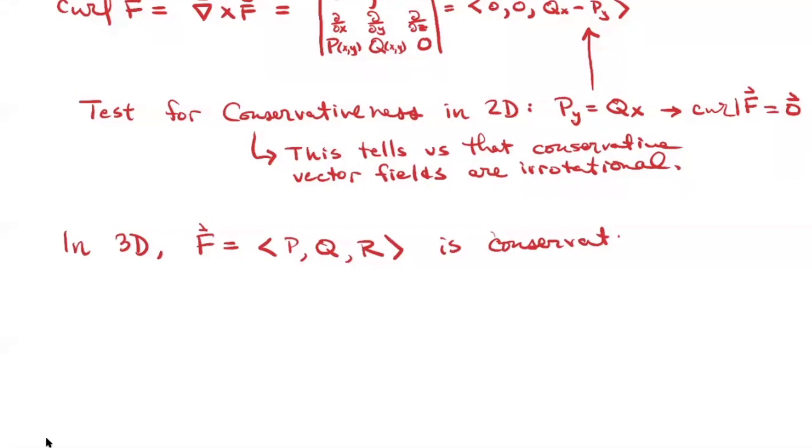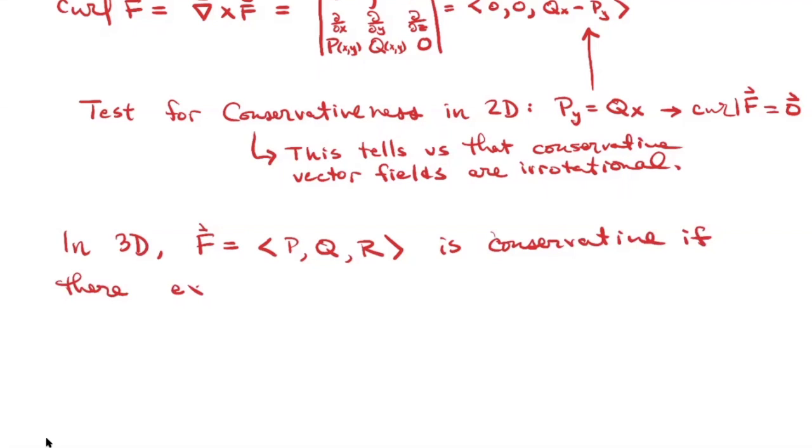That's the potential function, which is related to potential energy, you may remember, such that the gradient of the little scalar function is equal to the vector field. Okay, so that's what it means if it's conservative.